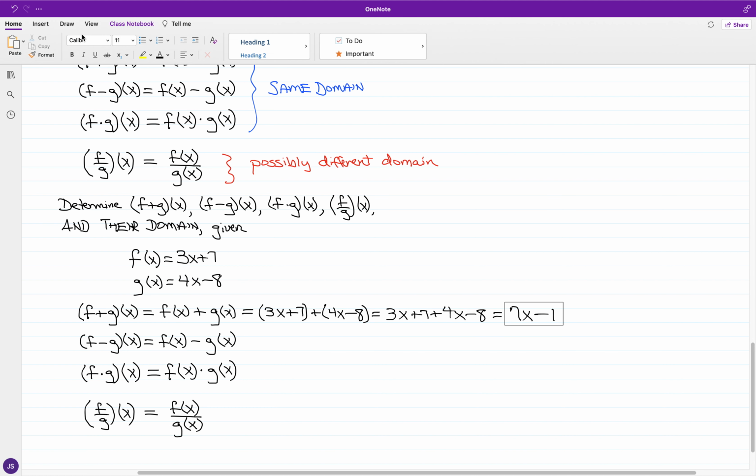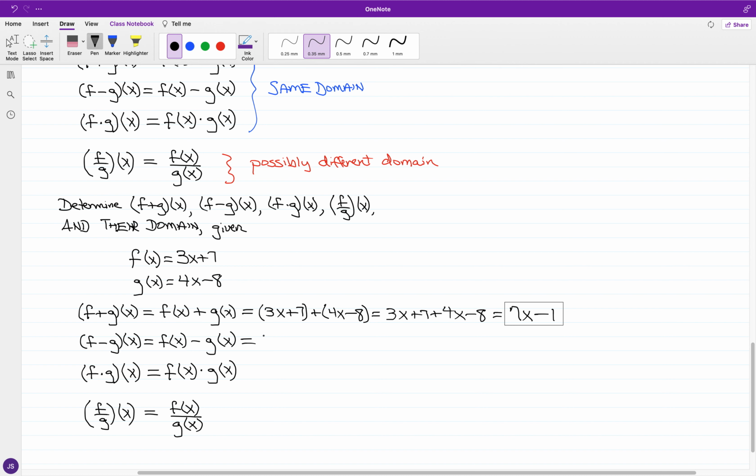Now for the difference between the functions, as opposed to the sum, you have 3x plus 7, minus all of 4x minus 8. Upon removing the parentheses, there's no negative sign or subtraction in front of the 3x plus 7, so this will stay.